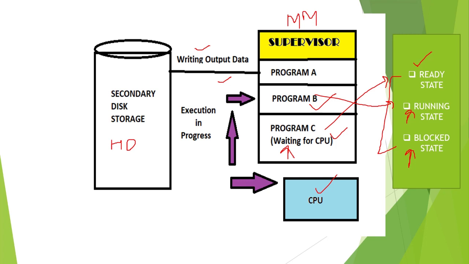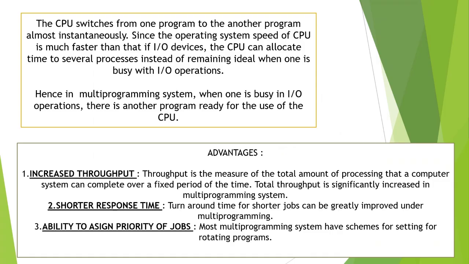Now, how does multiprogramming reduce the problems that are in serial and batch processing? Let's see. The CPU switches from one program to another almost instantaneously.